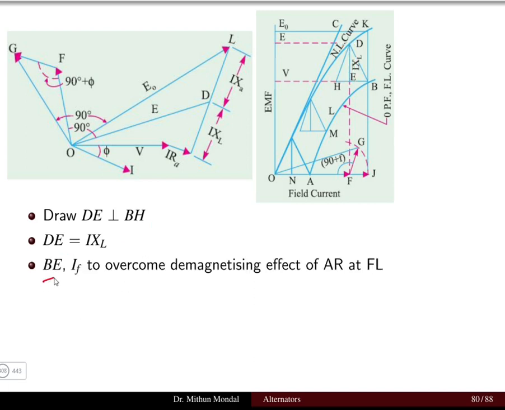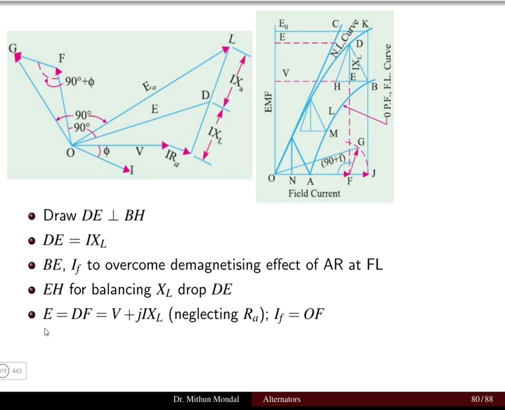And BE, with point B here and point E on the machine, is the field current to overcome the demagnetizing effect of the armature reaction at the full load condition. And EH is for balancing the XL drop DE. So EH is balancing the leakage reactance drop DE.